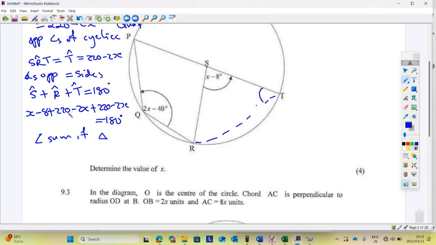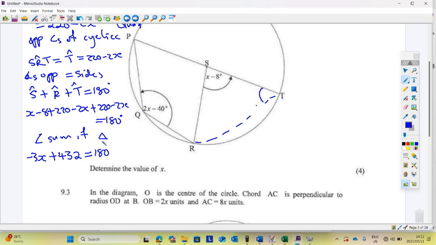Let's solve for x. We have x minus 2x minus 2x, and that is minus 3x. Then 220 plus 220 is 440, minus 8 is plus 432, and that is equal to 180.